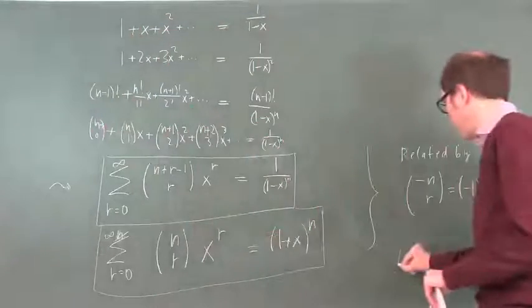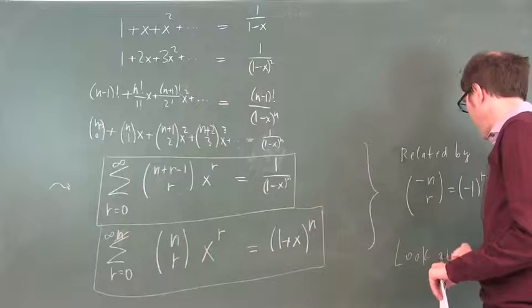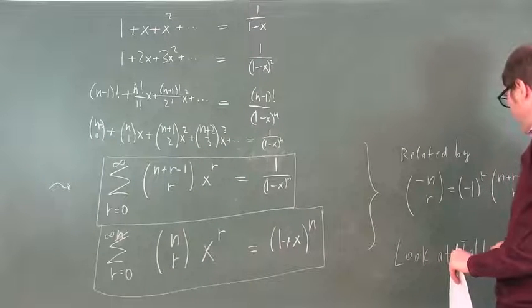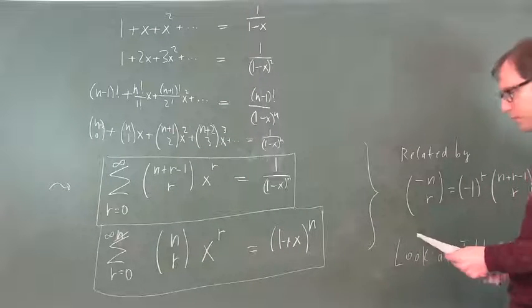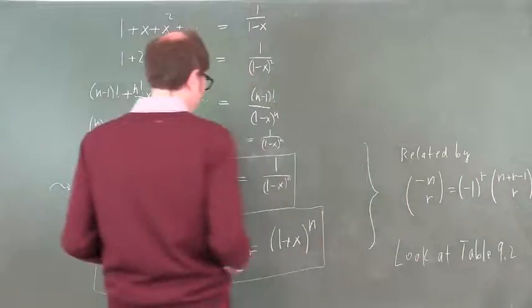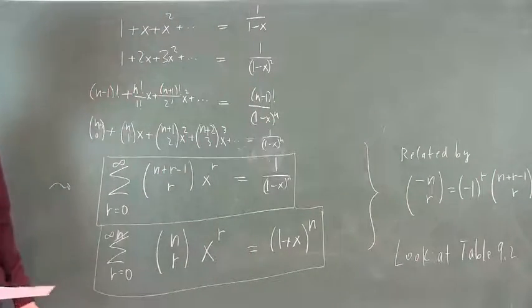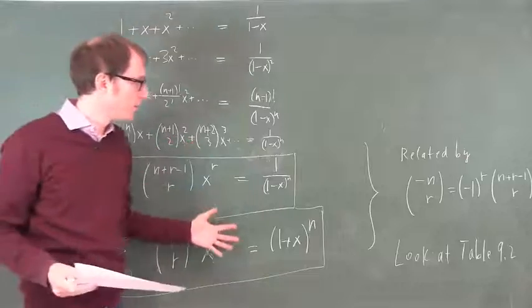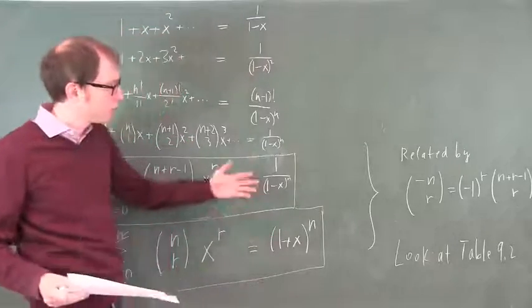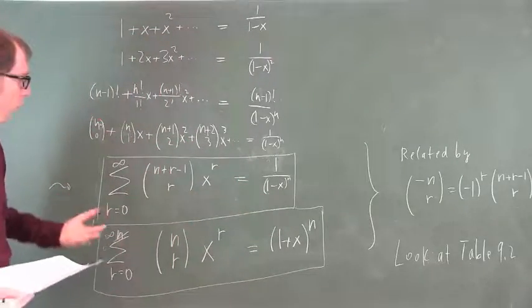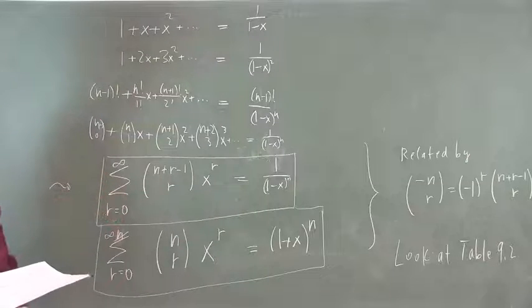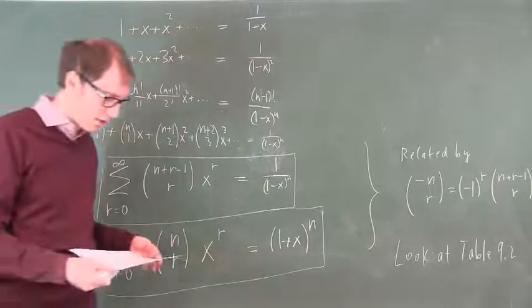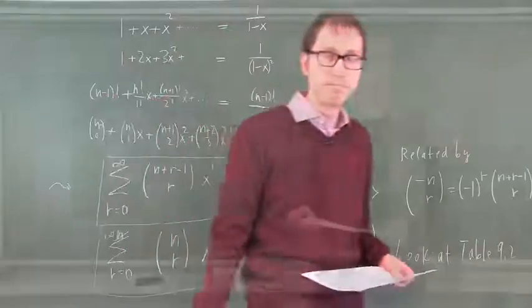And so please look at table 9.2, which has all kinds of identities like these. So it's very important that you get an idea about how to modify something, like how to work with these infinite series, and I hope that it doesn't look so strange anymore.